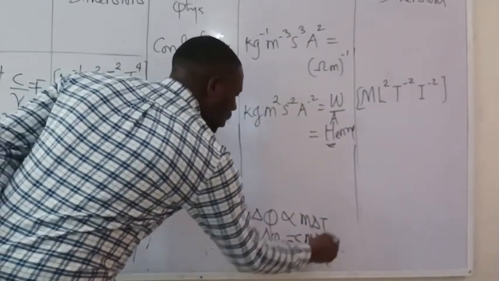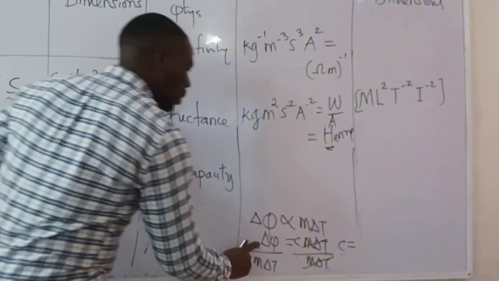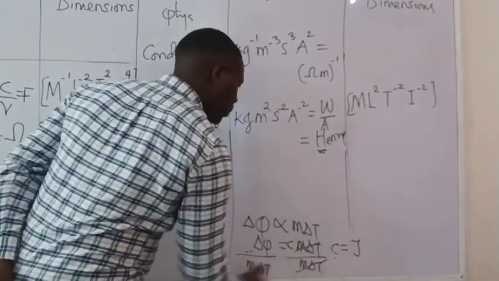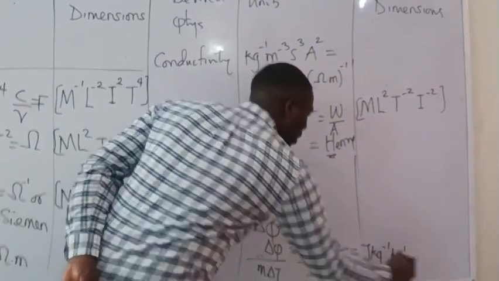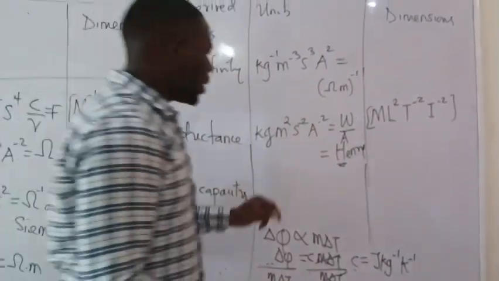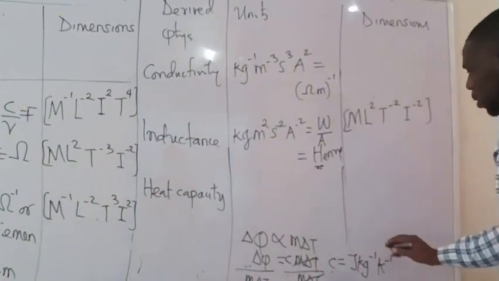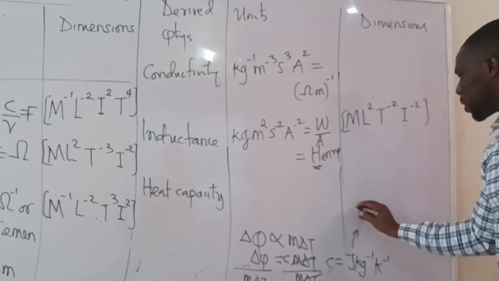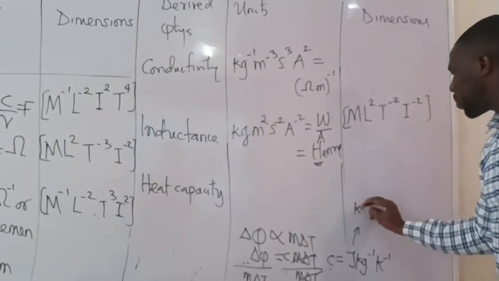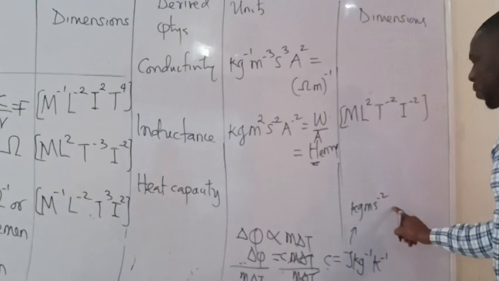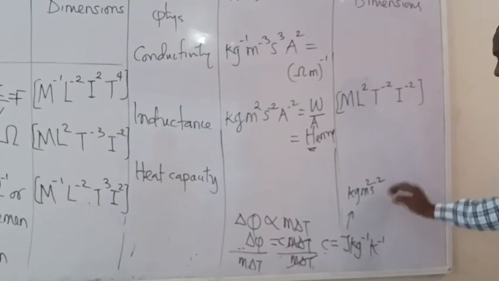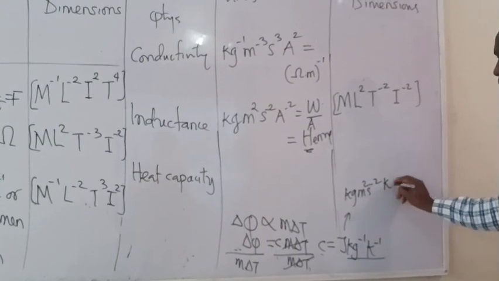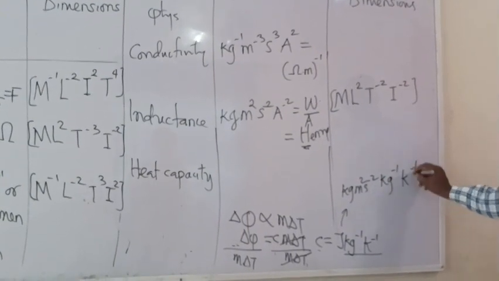Write in your own very eyes, you could see that heat capacity would be joule. Kilogram is downstairs, that's per kilogram. Then we have per Kelvin, this is downstairs. But joule itself is the unit for work. So that is force times displacement. Force is kilogram meter per second squared. Displacement is in meter. This becomes squared. Then we have per kilogram, we have per Kelvin.